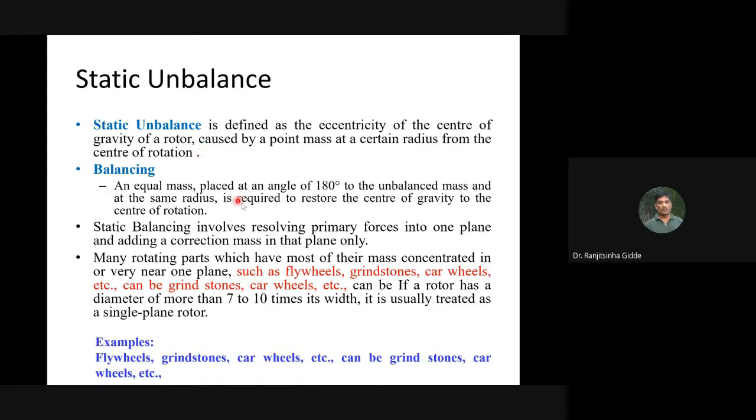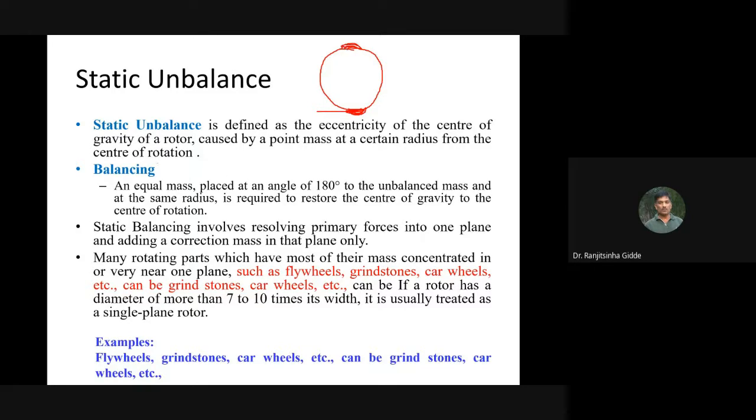Static unbalance. Now, suppose unbalance is created because of such extra mass at one end. Then how to compensate this? We are going to put another mass here.